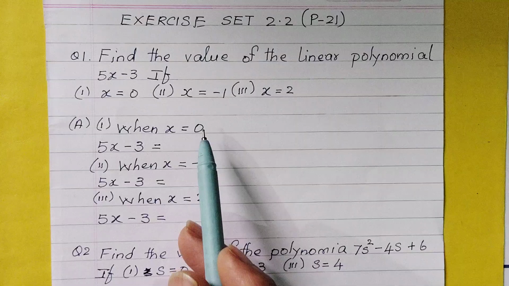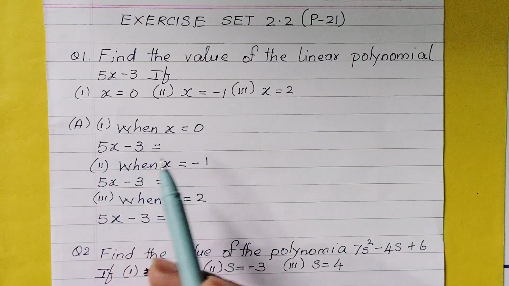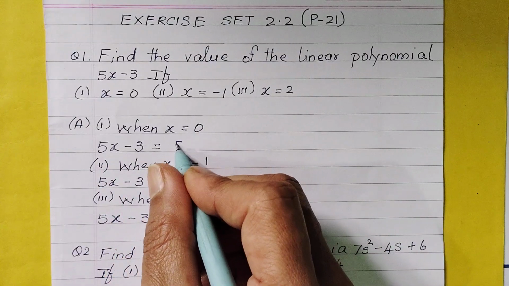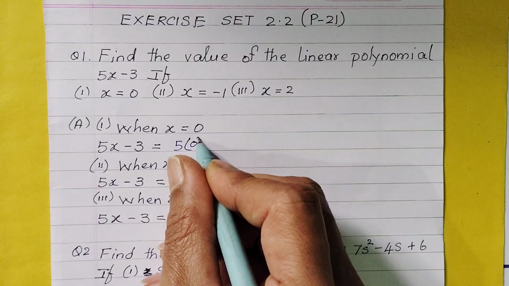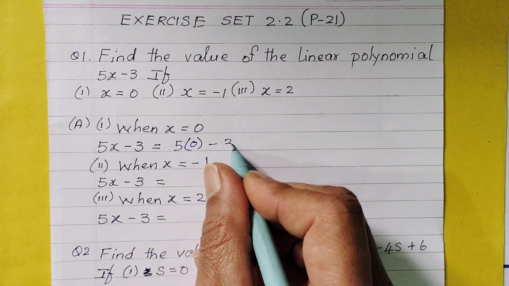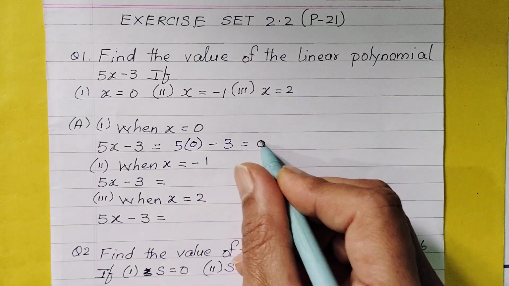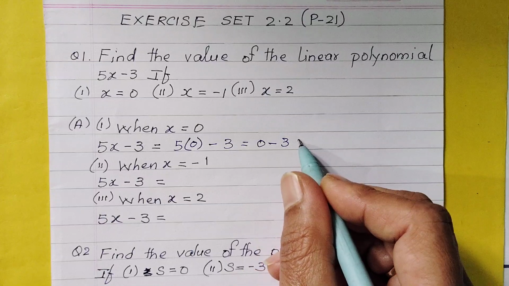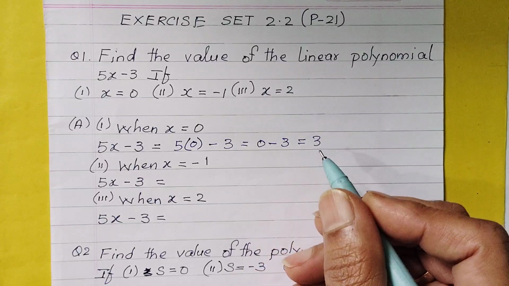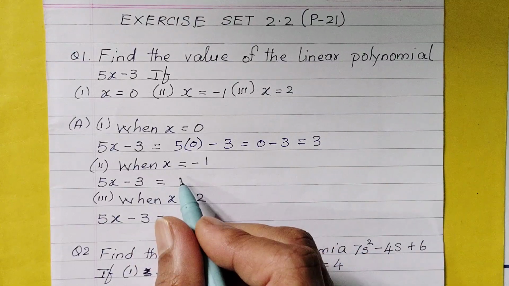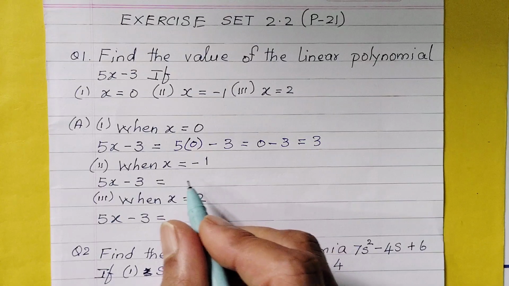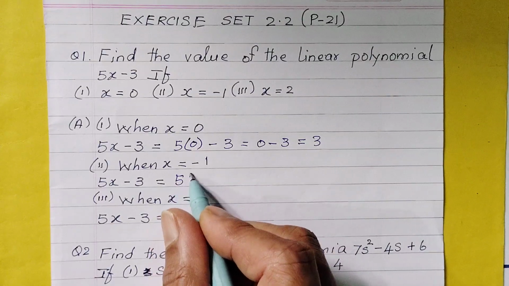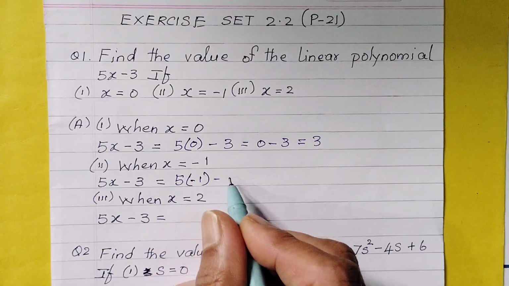So when x equal to 0, 5x minus 3 will be equal to 5 into, we will replace x with 0, minus 3. So that's equal to 0 minus 3, that's equal to minus 3. When x is equal to minus 1, 5x minus 3 will be equal to 5 into minus 1 minus 3.